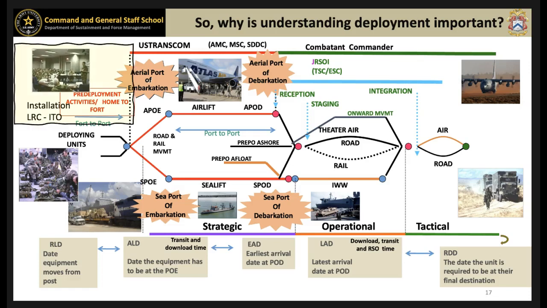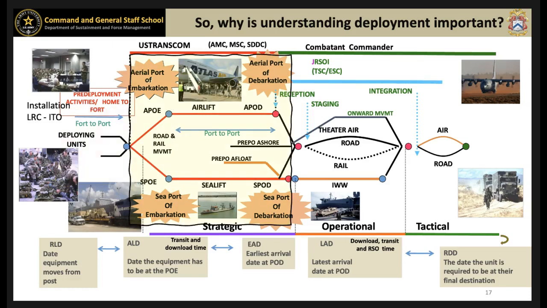Pre-deployment activities, that's, of course, when units prepare for deployment at their home installations with the support of the Installation Transportation Office. Fort to port, which is movement from the home installation to the seaport or aerial port of embarkation through road or rail.